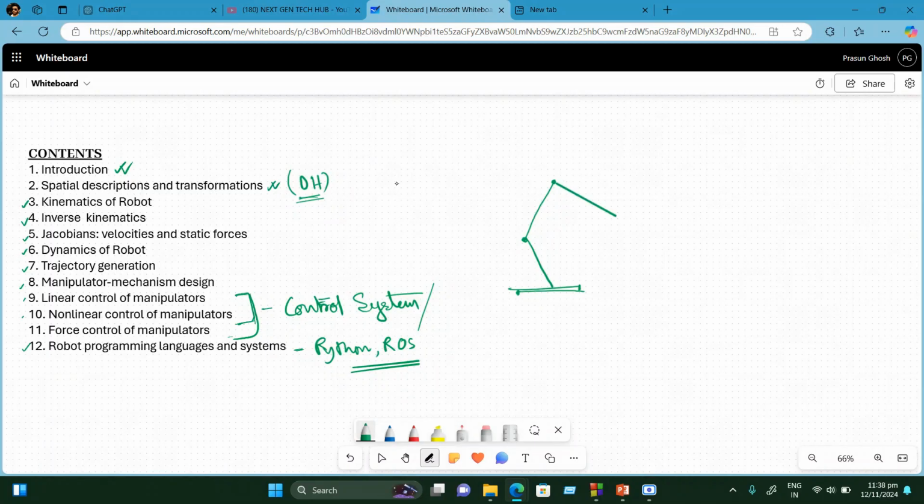But here to make you understand the topic, I will show you the example of a three-link robot. This is called the end effector of the robot. This is link 1, this is link 2, and this is link 3. And this is theta 1, the angle between link 1 and link 2, and this is theta 2, the angle between link 2 and link 3.